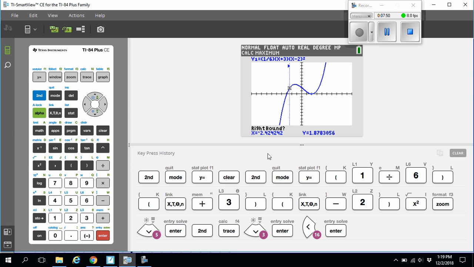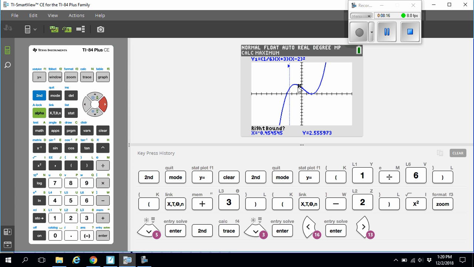Now it's going to ask us for the right bound, meaning I need to take my cursor and put it on the right-hand side of my local max. So remember, I can only use the left and right arrow keys. So here I need to use my right arrow key to move my cursor over. Make sure your cursor is never on the point, because then it's going to come up with a domain error or some type of error.